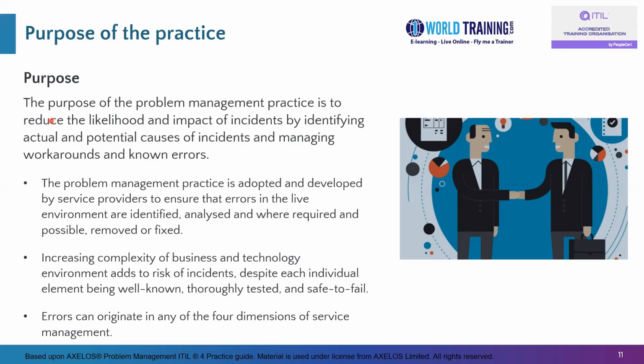So we can see that the practice reduces the likelihood and impact of incidents. So there is a connection with incidents. And it does that by identifying the causes of those incidents and maybe incidents that have not occurred yet.